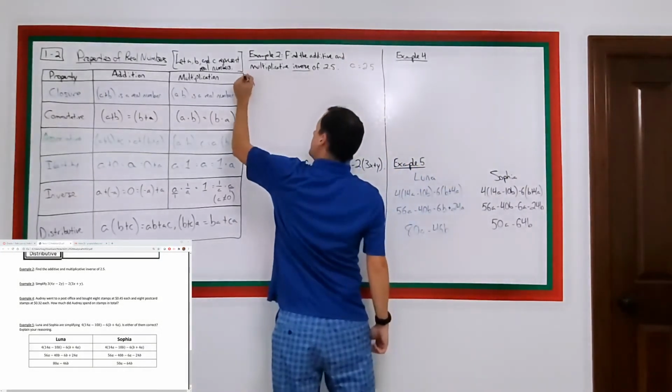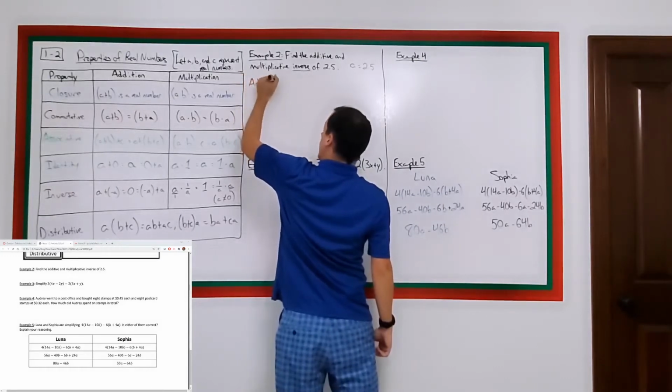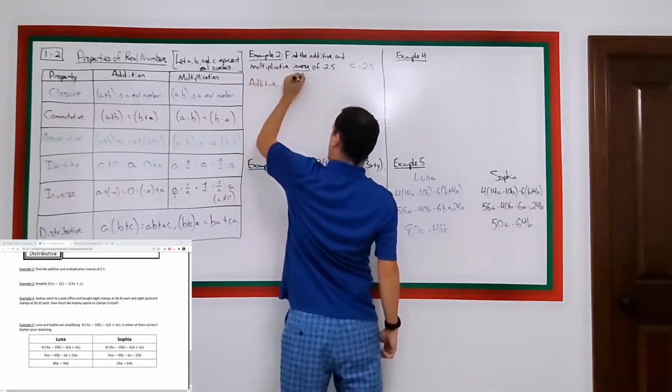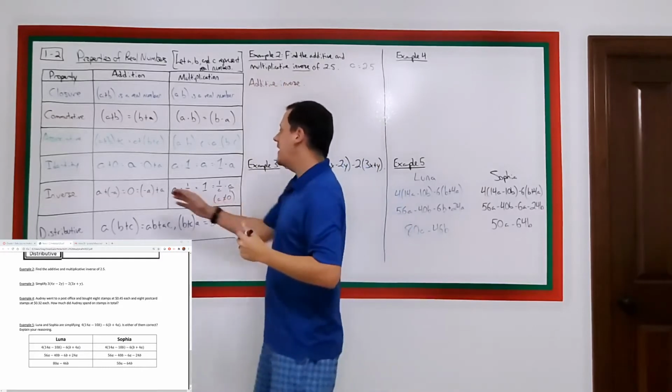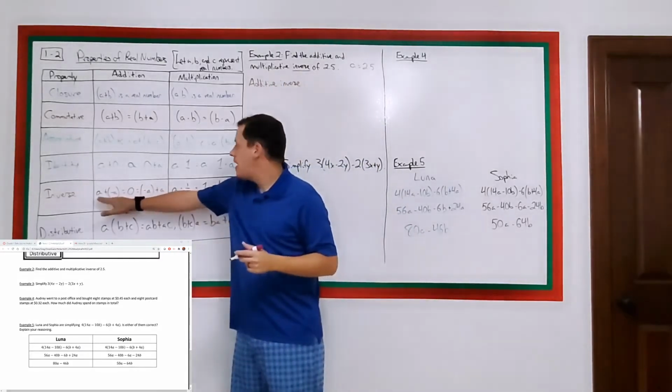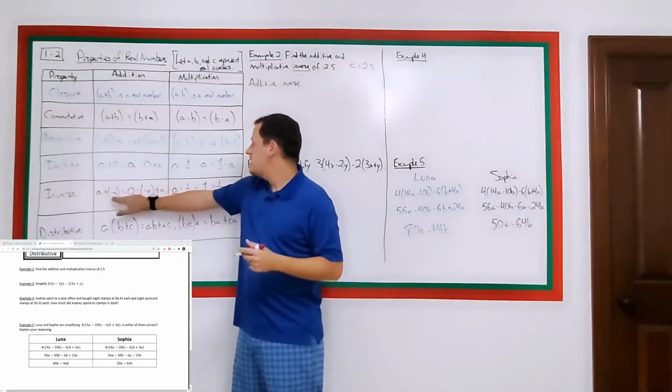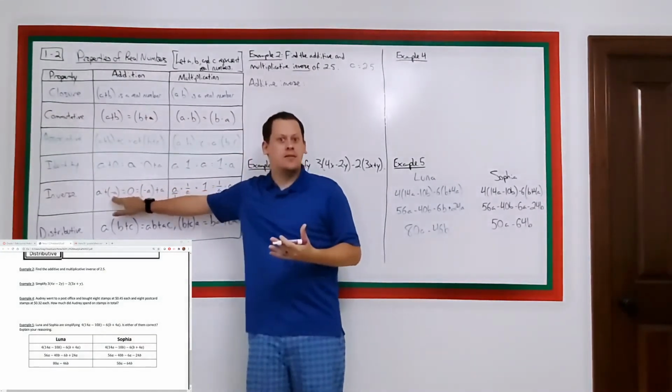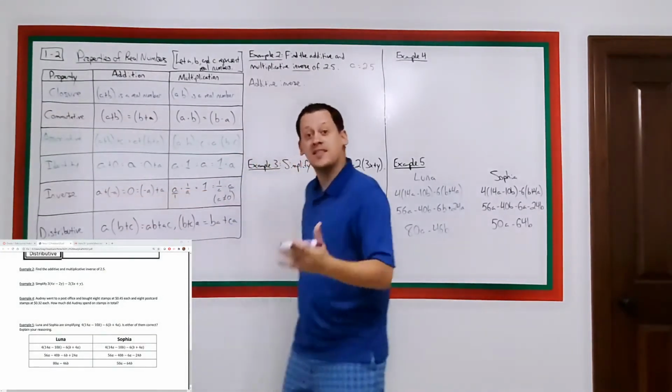So the additive inverse. To find the additive inverse, what we said was, no matter what number we have, we just need to take the opposite sign of that number.